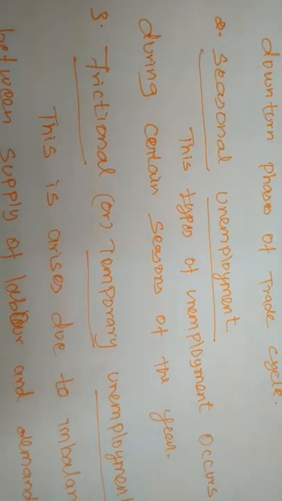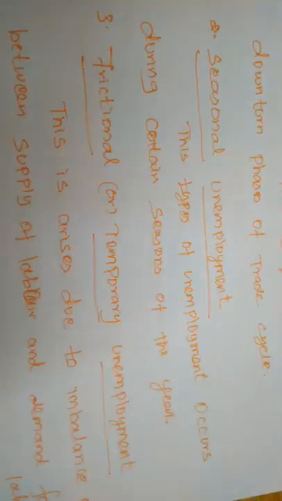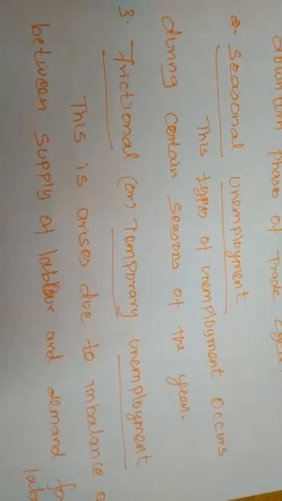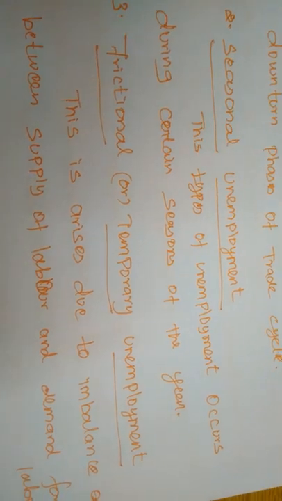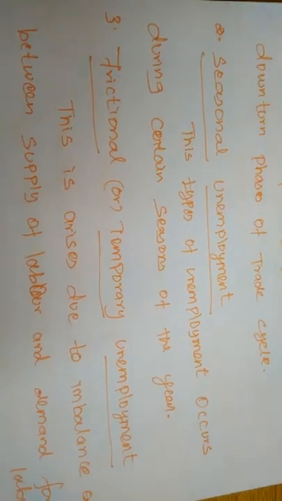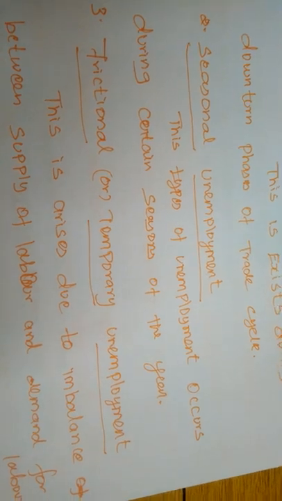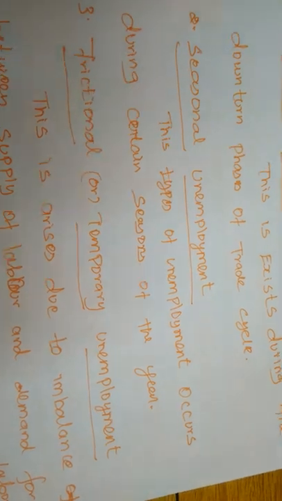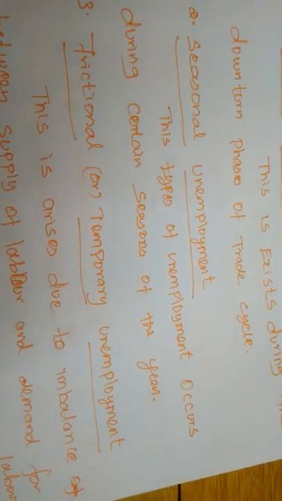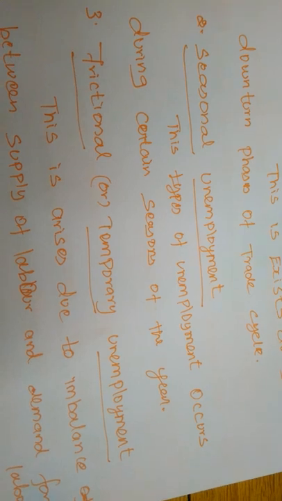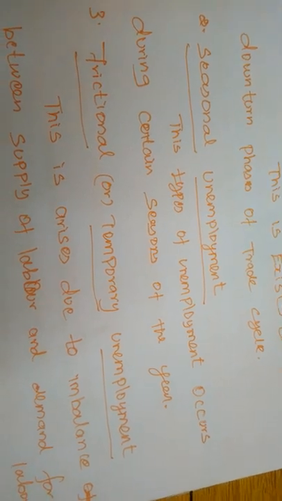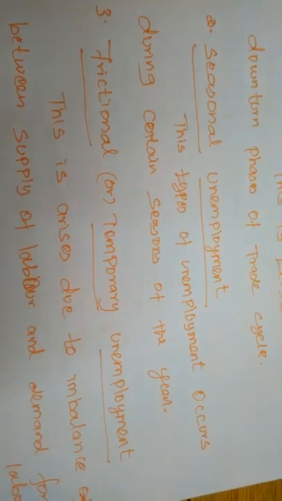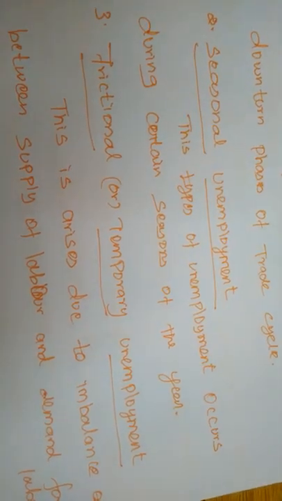If agriculturists cultivate paddy or wheat, only two or three times can the farmers earn their income. The rest of the time they will be unemployed. Within a particular time only some people earn, and the rest of the time they are without employment. That is called seasonal unemployment.